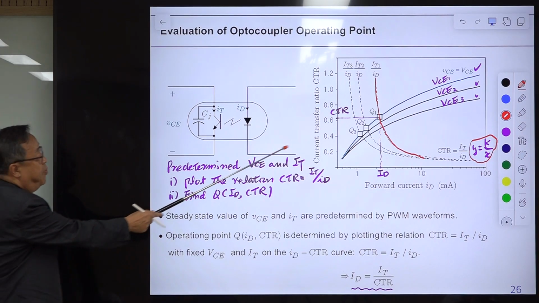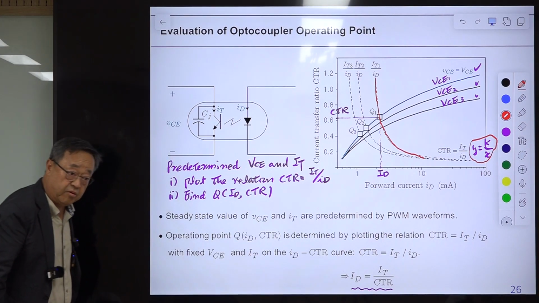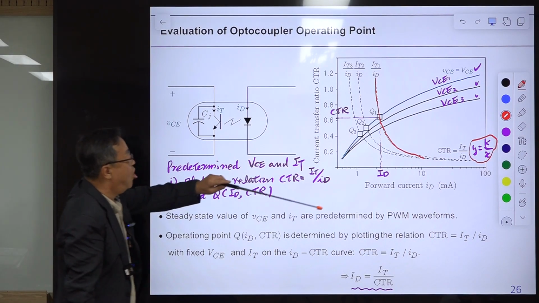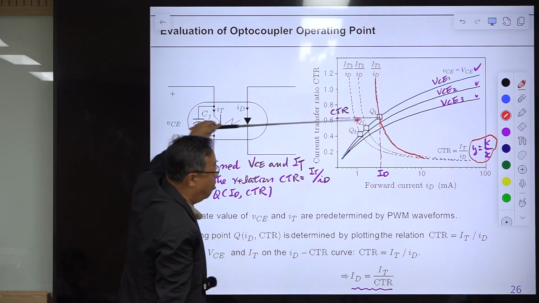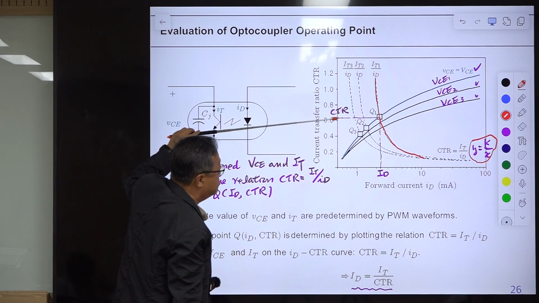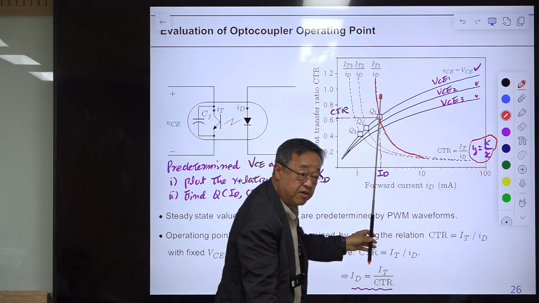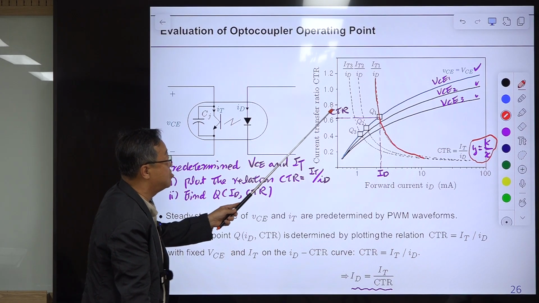Then you have a crossing point with this curve, and this is the operating point. So operating point Q1 is determined. Then this value becomes CTR of 0.65, something like that, and this value is ID. So with this, ID is determined and CTR is determined.